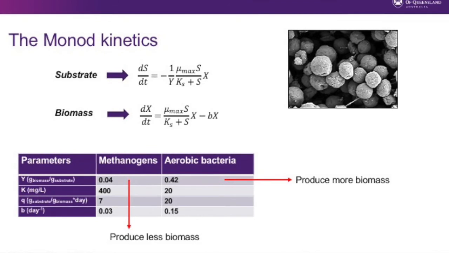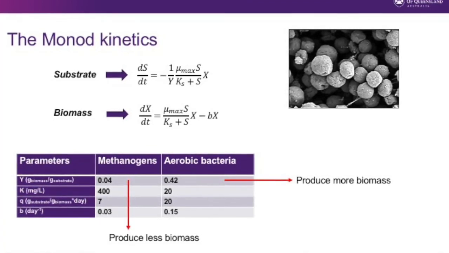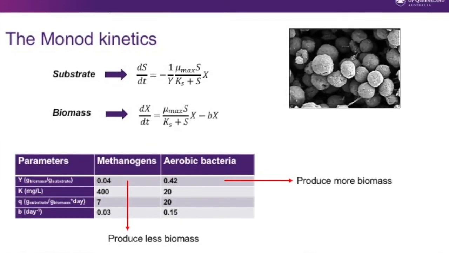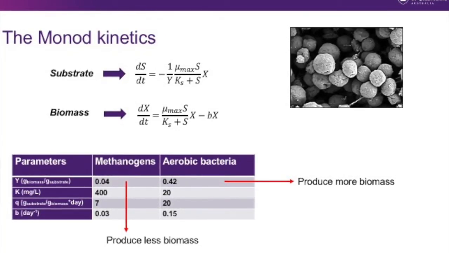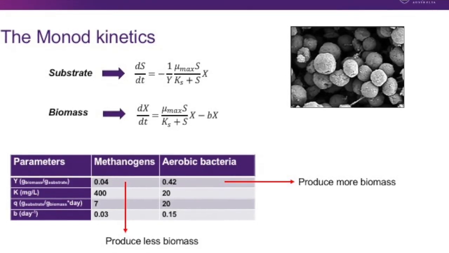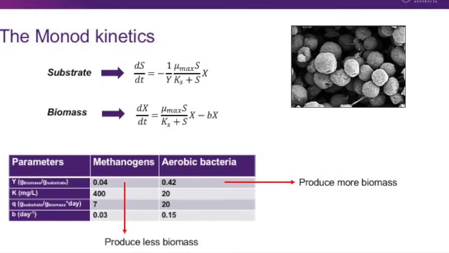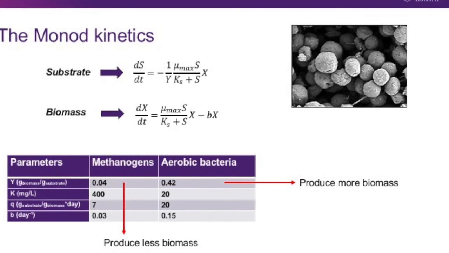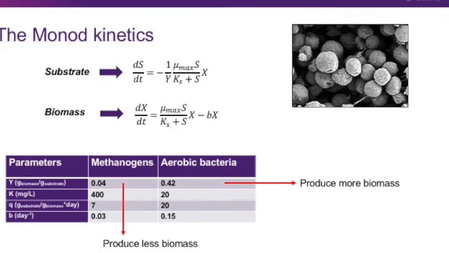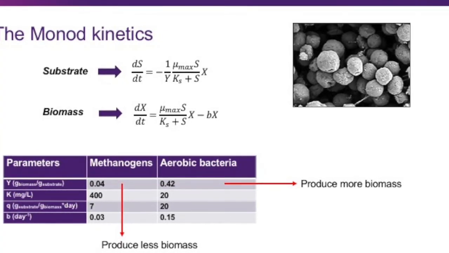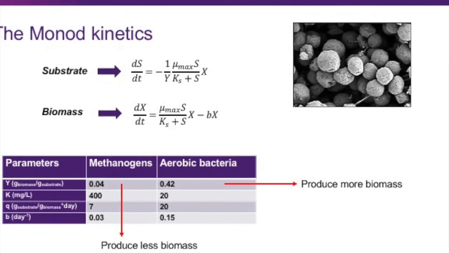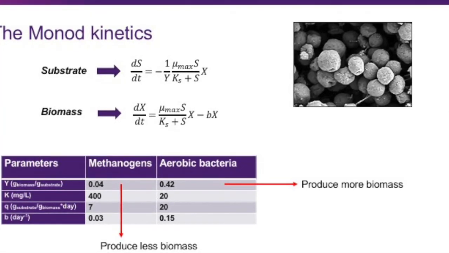We can get these values from literature, but sometimes there are no reports of the mu max of the specific group of microorganisms that we are trying to use for our models. And that is where we may need to start estimating the values of these parameters.